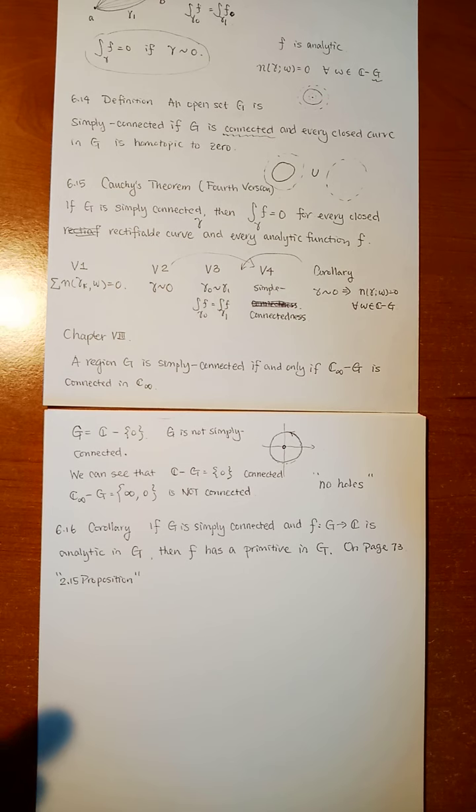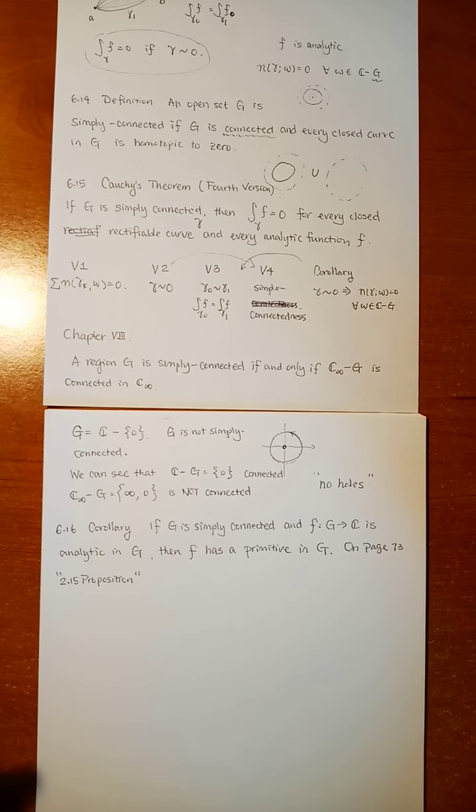And we also mentioned the Morera theorem. Remember that the Morera theorem says if the triangular path integral is 0, then f has to be analytic. Right? And at this moment we're going to show whenever you have a simply connected domain, then f always has a primitive.